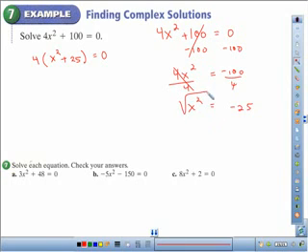Now we're going to square root both sides. Remember, like we talked about in 5.5, when you square root both sides, you need a plus and a minus. Now since this is a negative square root, we're going to have to take out an i, and then we'll end up with square root 25, and the square root of 25 is 5. So our final answer will be positive and negative 5i.